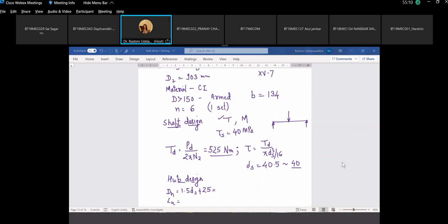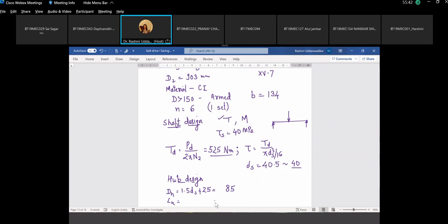Divakar, okay. Divakar, give me what is the value for length of the hub in the data book? Do you have the soft copy of the data book? So I got the answers. DH is 85.